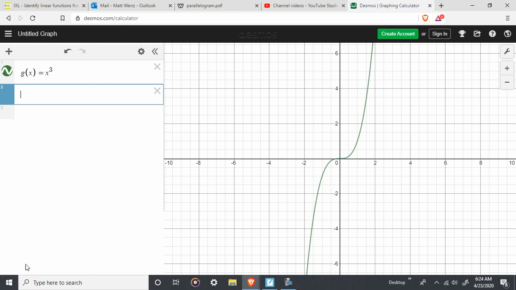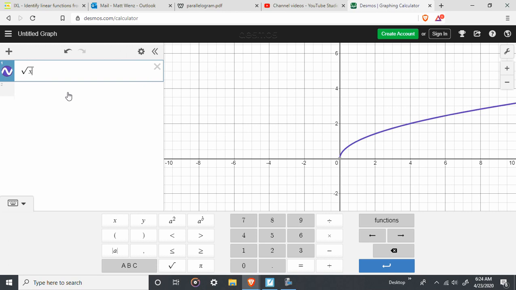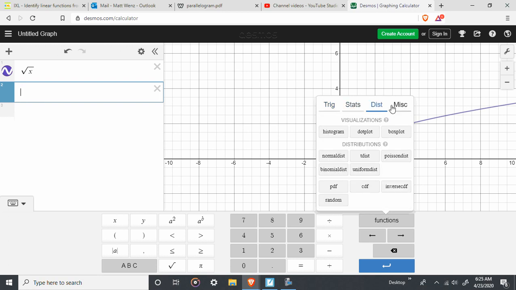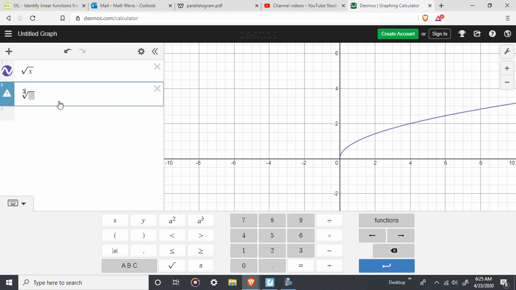Again, what else did we look at? We looked at square root graphs, right? The square root of x. We get this odd one, right? You see why I press the functions button, look at all these. Cube root kind of looks like that weird squiggle.